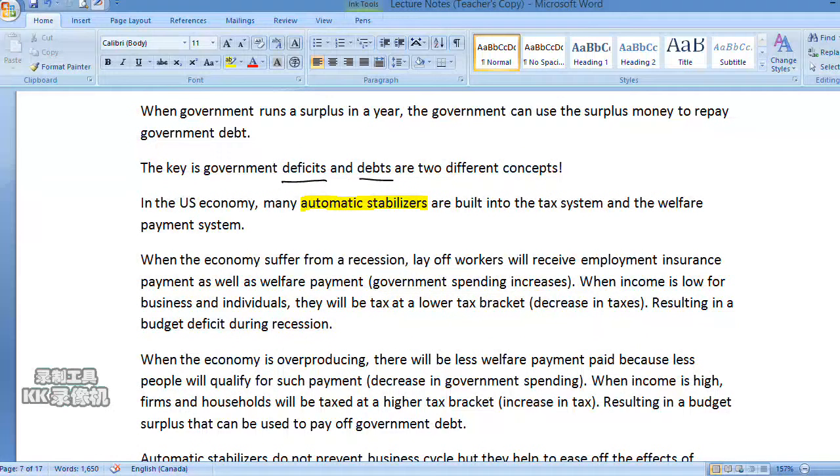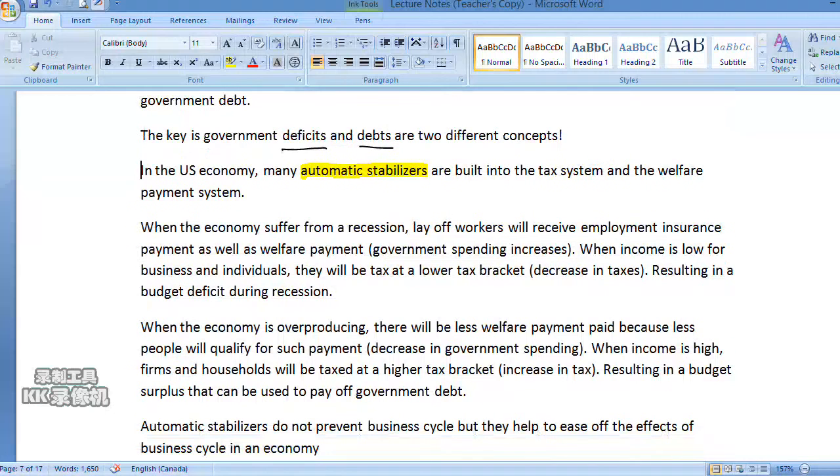And when income is low for businesses and individuals, they will be taxed at a much lower tax bracket, and this will decrease tax.